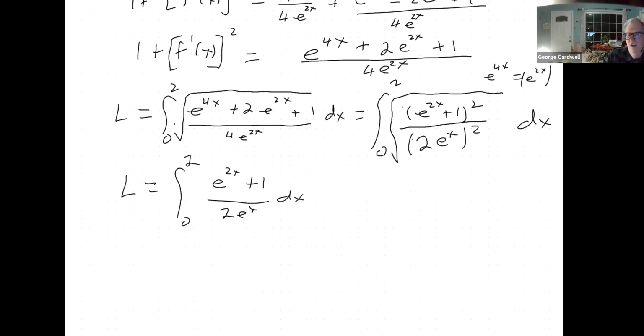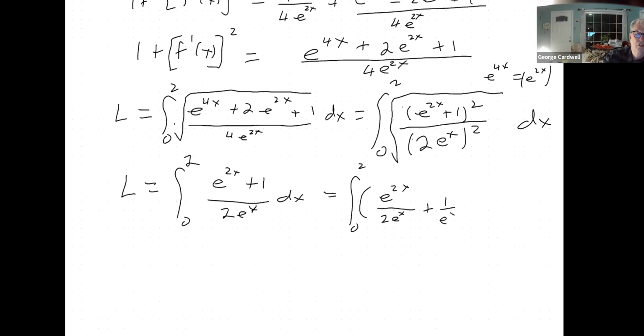So this now is a nice integral to do, because just like the previous example, 2e to the x is a common denominator of e to the 2x and 1, so I can write this as e to the 2x over 2e to the x. Okay. And then I can just write plus 1 over e to the x.